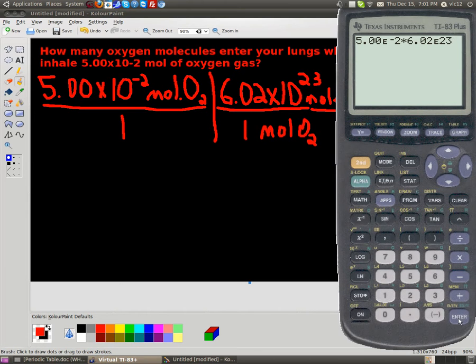And all we have to do now is press enter, and this is our answer. Notice that there's nothing in the bottom but 1s, so we're done with this. As far as sig figs, we have 3 sig figs in what was given to us with the 5.00, so we should use 3 sig figs, and ironically on the calculator it has 3 sig figs.